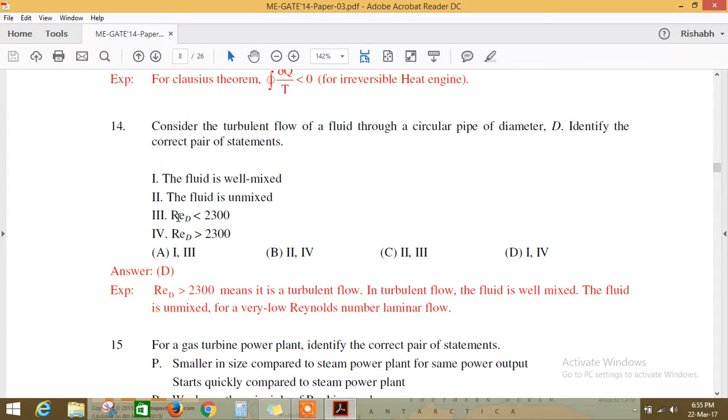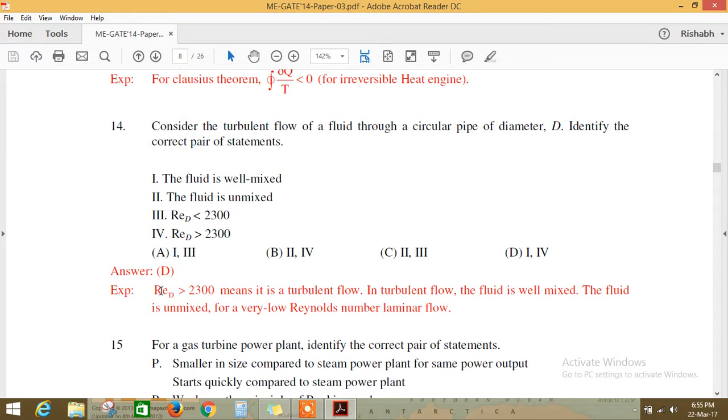So we know that when Reynolds number is greater than 2300, it is a turbulent flow or a mixed flow. So 4 and 1 are correct.